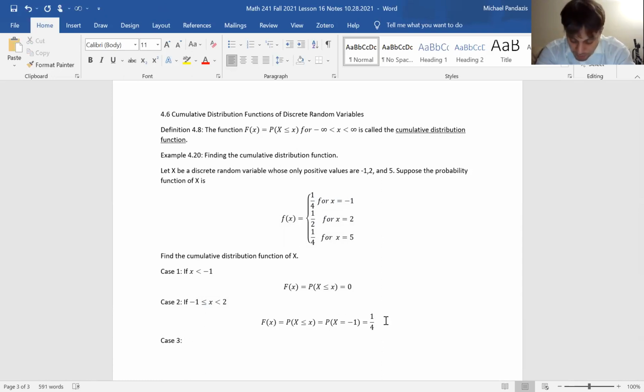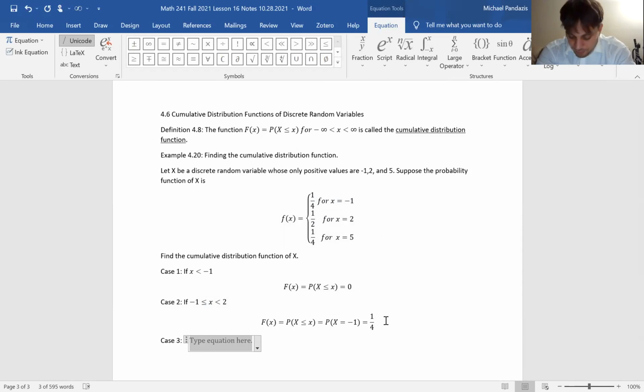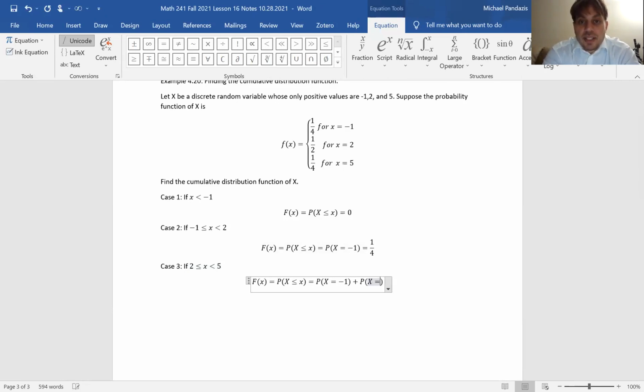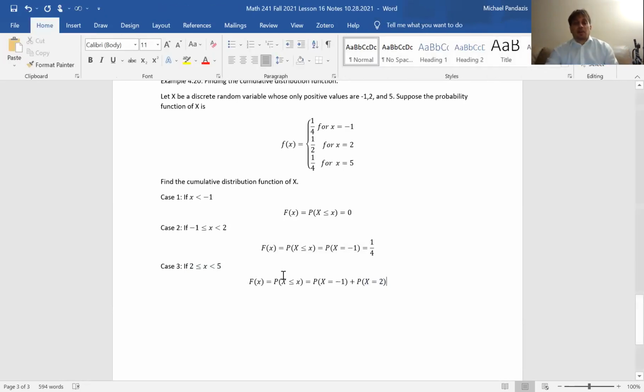Now, case three: if 2 is less than or equal to x, strictly less than 5. So if x is at least 2 but strictly less than 5, and we want to find the cumulative distribution function for those values, what that's going to equal is the probability that x equals -1 plus the probability that x equals 2, right? It's the probability that X is at most this x value.